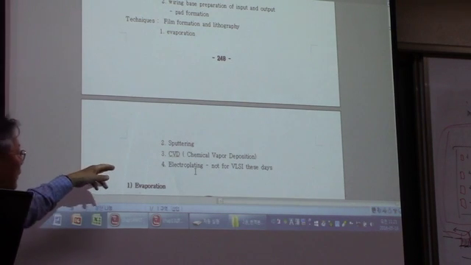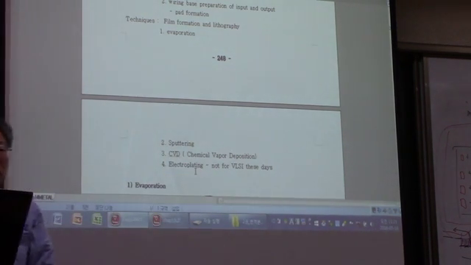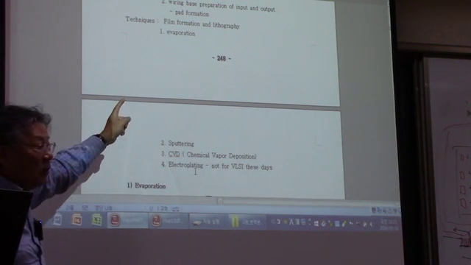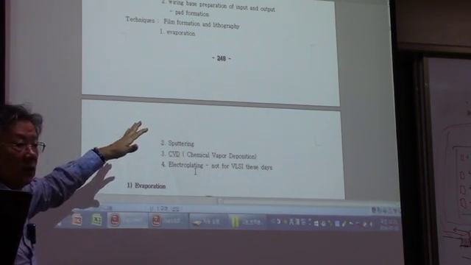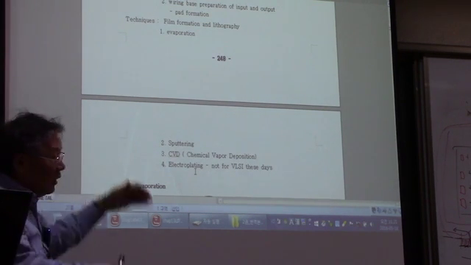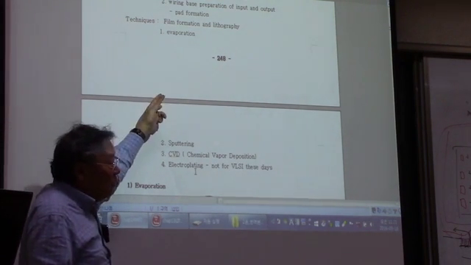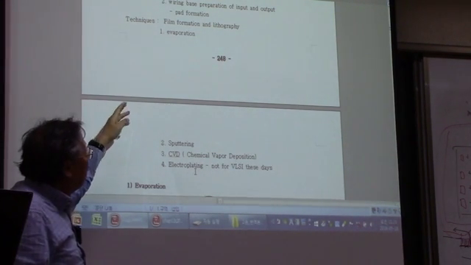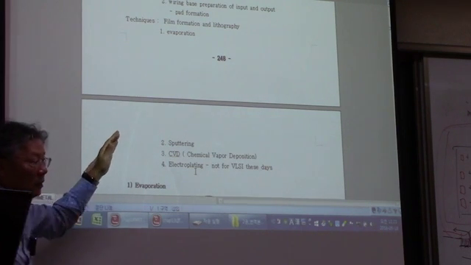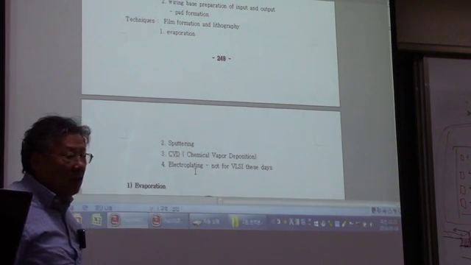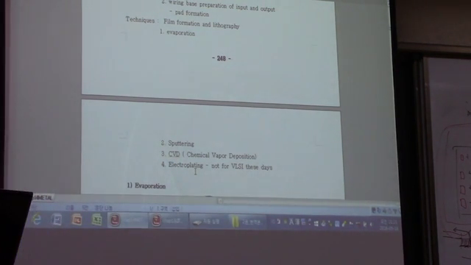And among these three, sputtering is the most popular for metallization. With evaporation, it is very difficult to control the thickness. It is related to sublimation and so on, so you cannot have precise control of the thickness. And with CVD, the operating condition is very strict.